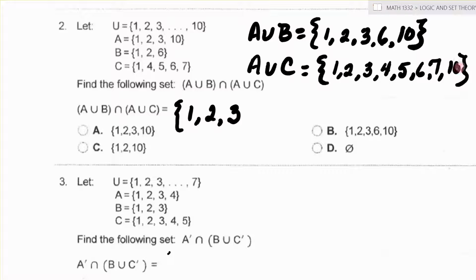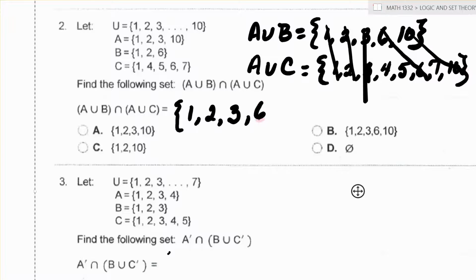And it will have a 10. Oops, did I? Yes, I left out the 6. Sorry. So, 1, 2, 3, 6, 10. So 1, 2, 3, 6, 10 is choice B.